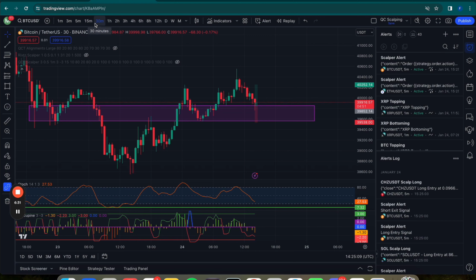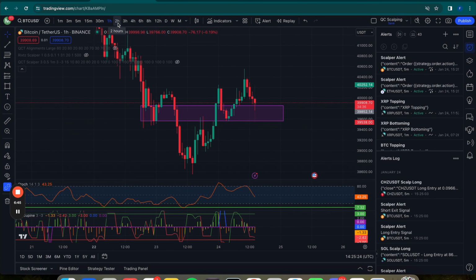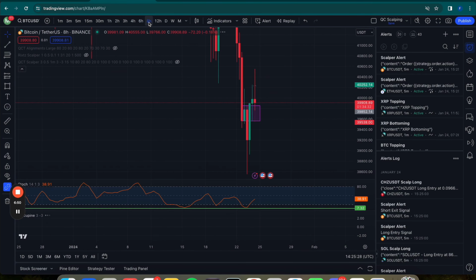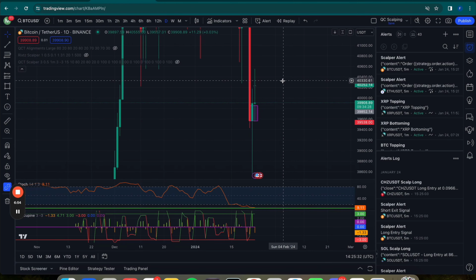So what this looks like to me is, when we go higher to the time frames now, those stochastics are just going to be earlier and earlier in this move, right? So we go to the 1 hour, it's earlier in the move, 2 hours topped out, 3 hours going up, 4 hours going up, 6 hours going up, 8 hours going up, 12 up, daily bottomed.